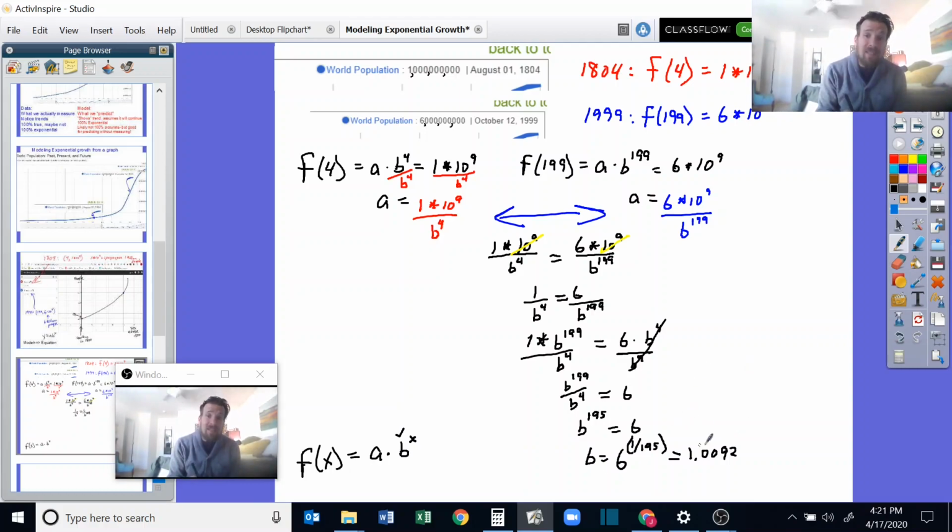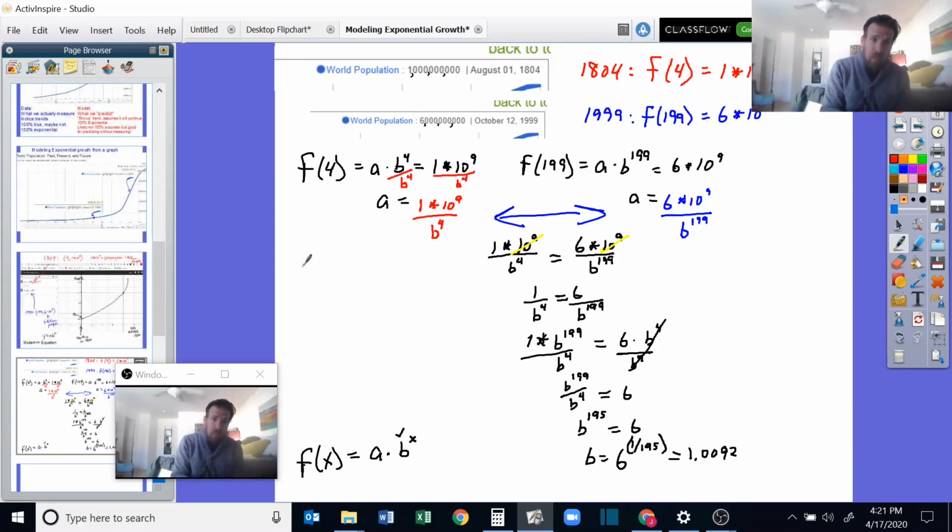Now, the last step is we still have to find out what our starting point is. But now that we know what our scale factor is, we can go back to one of our original equations. I'm going to use this one because the numbers are a little bit smaller. It was a times b to the fourth equals 1 million.